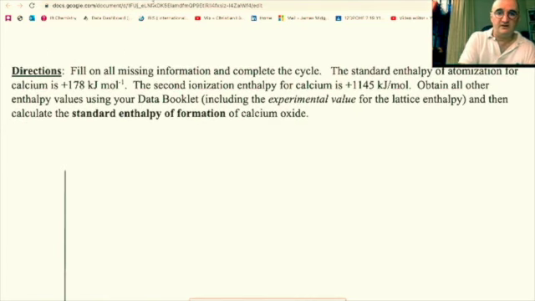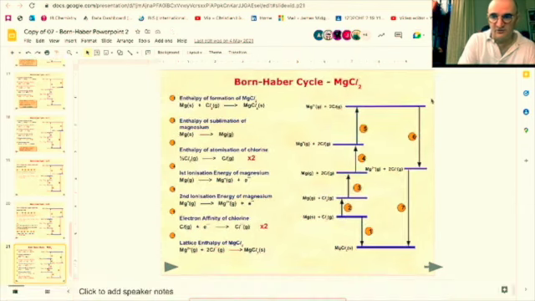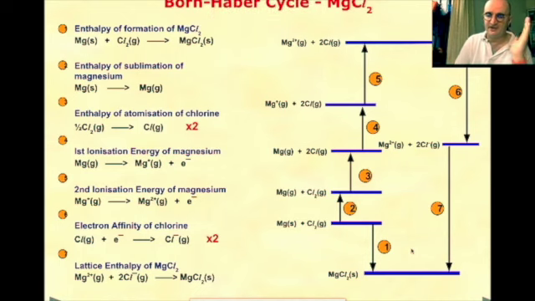So, the final cycle I wanted to share with you is, as I said, NaCl is monoatomic, it's Na plus Cl minus. But what happens when we have a divalent cation, which is a normal case? So here we have the Born-Haber cycle for MgCl2.